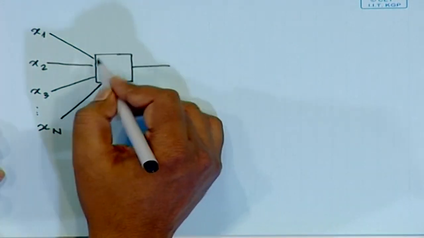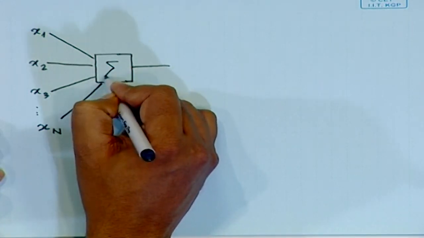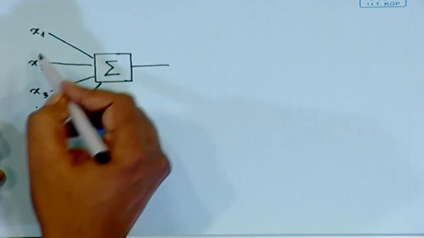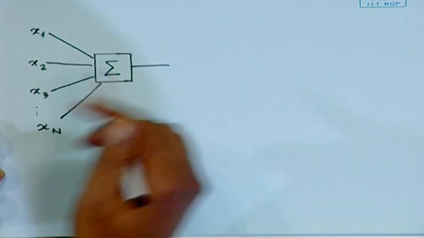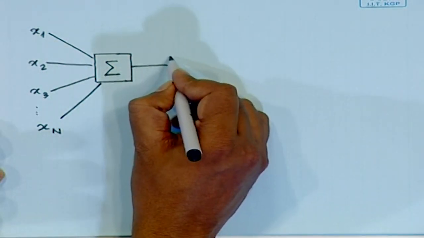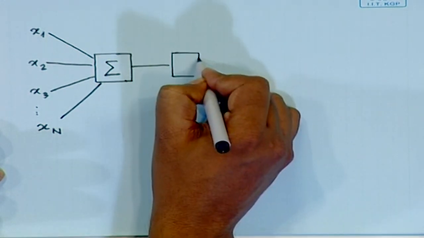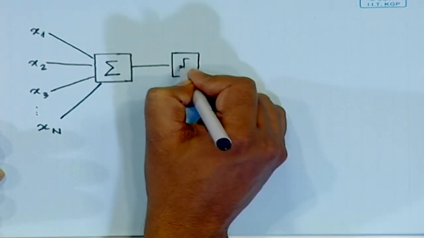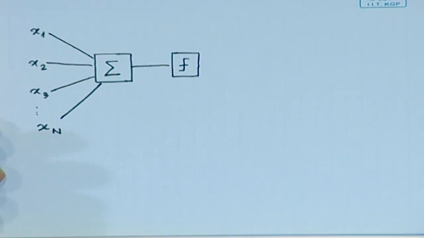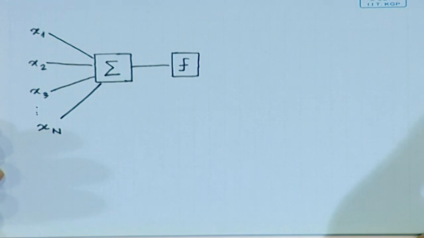Then the cell body performs a weighted summation of these different feature components. The weighted sum is fed as an input to a nonlinear function, and in most cases this nonlinear function is some sort of a threshold function, or it may be a continuous nonlinear function as well.